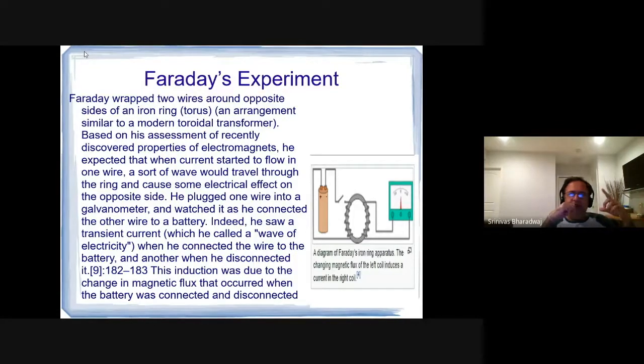He plugged one wire into a galvanometer and watched it as he connected the other wire to the battery. Indeed, he saw what is called a transient current when he connected the wire to the other side, and when he disconnected it. Now, why was it transient?